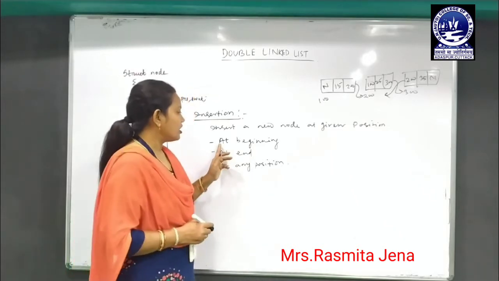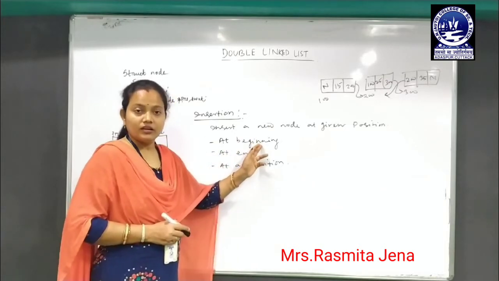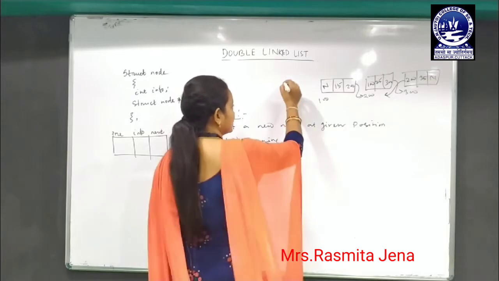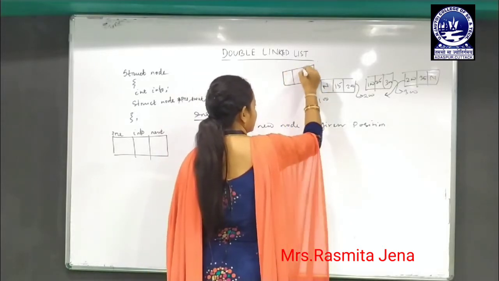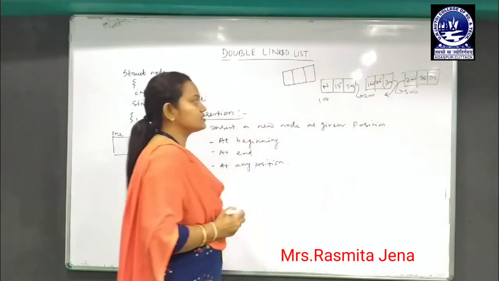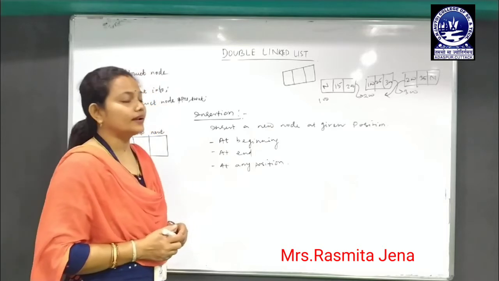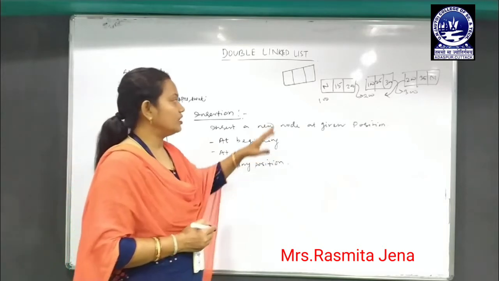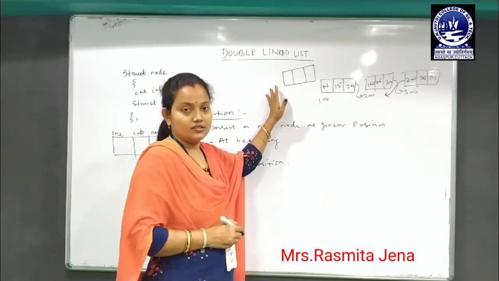So, coming to this point, if we want to insert a node at the beginning of the list, that means we will insert the node at this location. Okay. So, we must have the first node address of the double linked list, and we will insert the node at the beginning of the list. Beginning of the list means the new node becomes the starting node of the list. Okay.